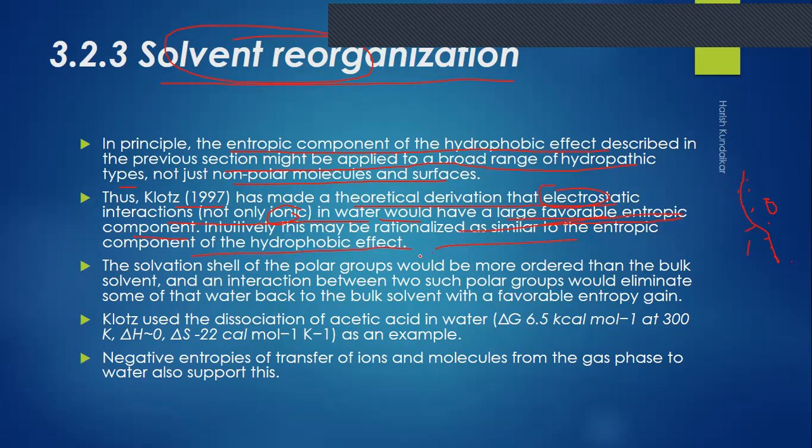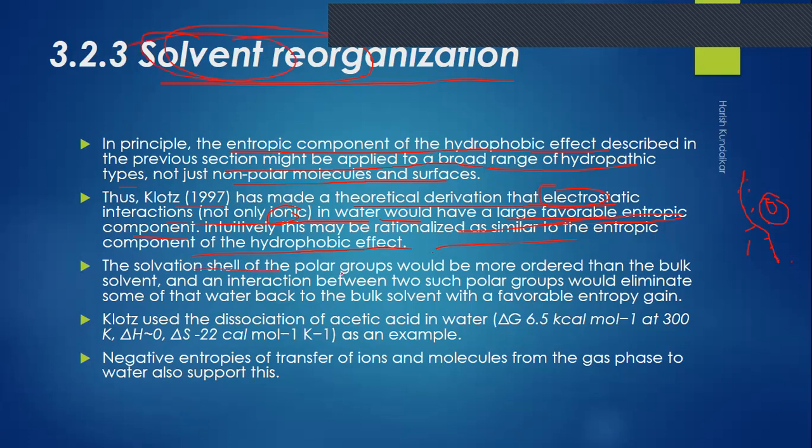So if the ligand has hydrophobic functional groups, they are going to cause the hydrophobic effect. Whereas if the ligand has hydrophilic, ionic components, then that is going to cause solvent reorganization.